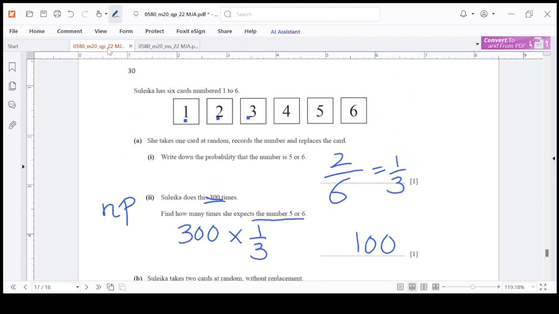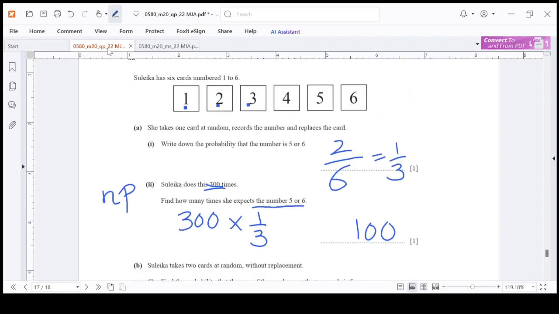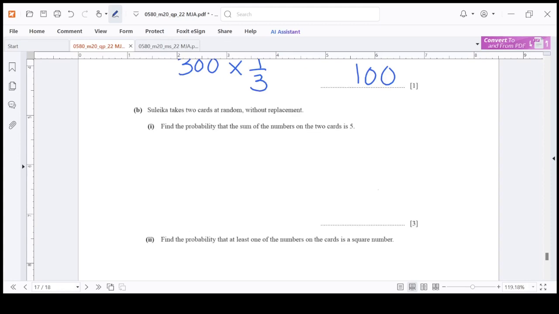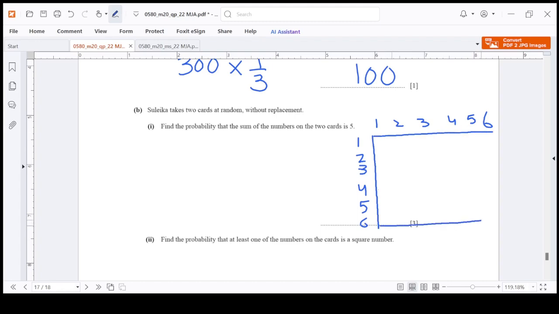So the numbers we have are 1, 2, 3, 4, 5, 6. I'm going to write 1, 2, 3, 4, 5, 6 and 1, 2, 3, 4, 5, 6. Now I'm going to find all the sums that give me a 5. I'm not going to write literally all of them, but just the ones that give me a 5.